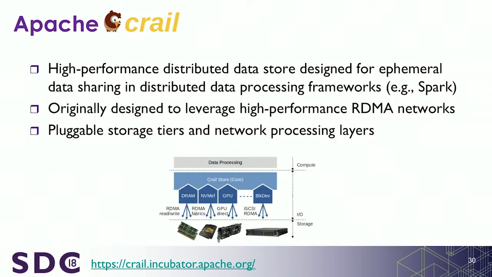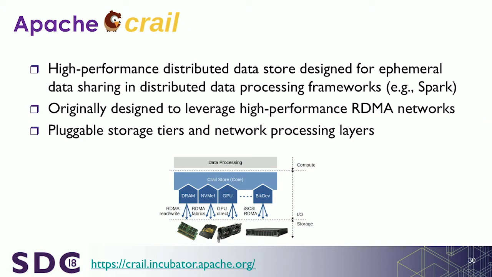So the Apache Crail distributed storage system targets ephemeral data storage in distributed data processing frameworks. So think of Spark, for example. They have a plugin to make applications be able to get the raw performance of the hardware they're using. And Crail was originally designed to target RDMA networks, which have particularly low latency and enforce high performance requirements for the software.